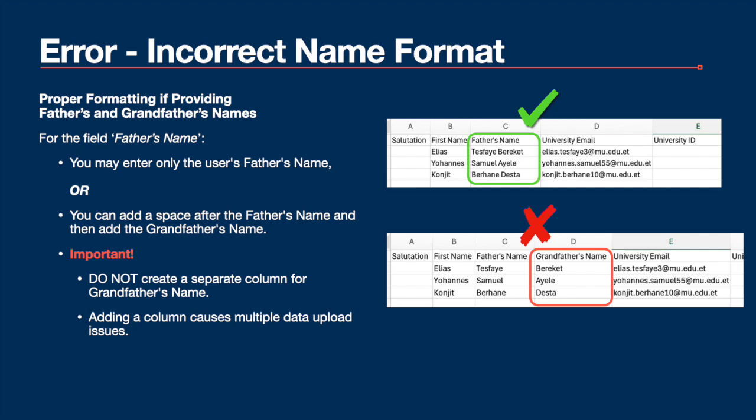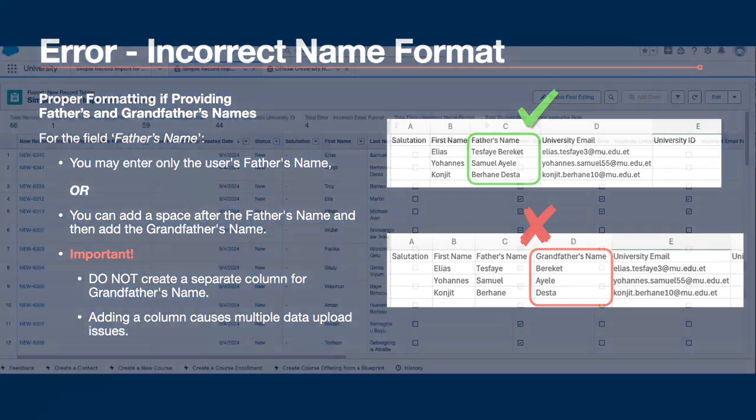This would be the correct way to do it. We do not want a separate column for grandfather's name. This would actually cause multiple data upload issues, primarily because we're adding another column of data, and the data upload is strictly set to look at specific columns of information.